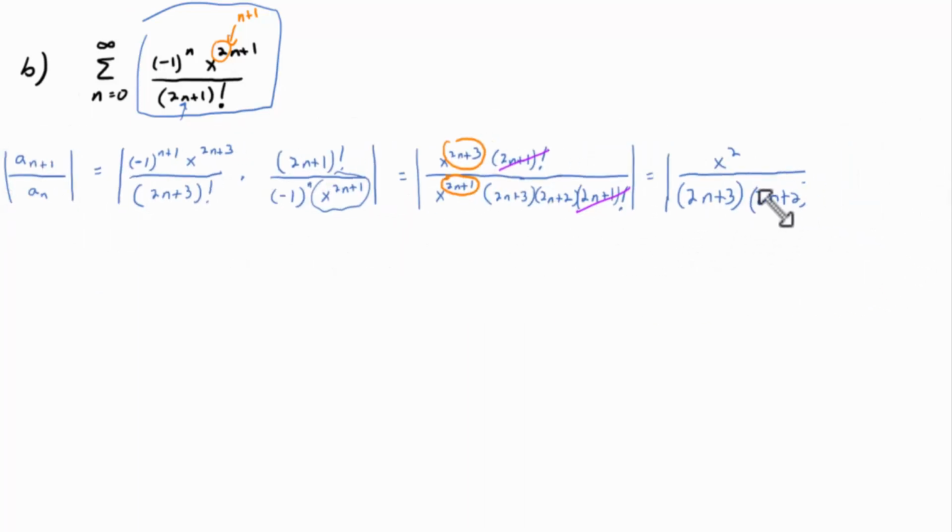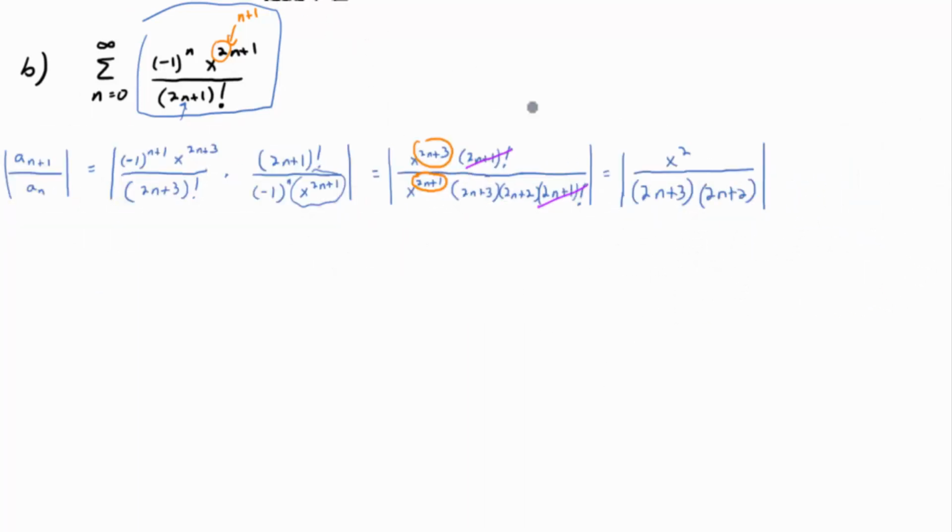If you want to use the arrow notation, what is this guy going to converge to? For any particular x value, what does it converge to? 0. Doesn't matter what value you pick for x, eventually this will converge to 0. So is that less than 1? Yep. For all x. Should probably make a note of that.